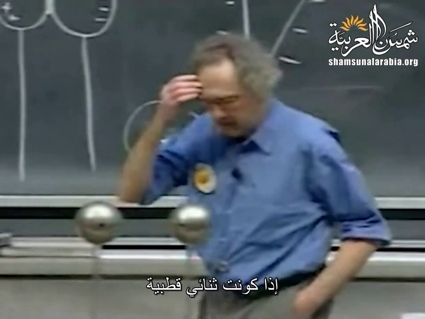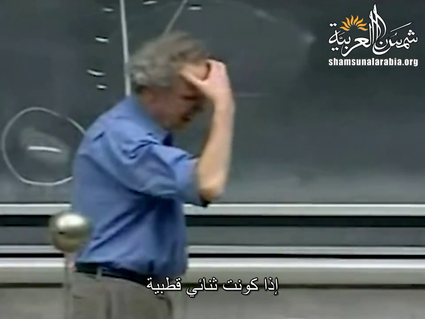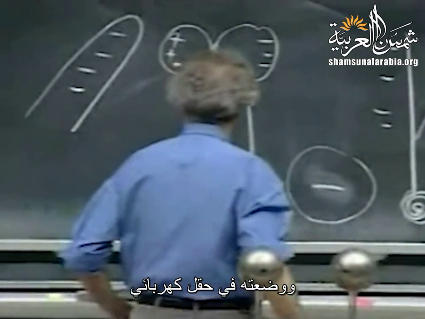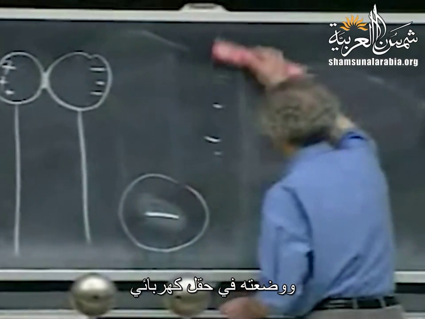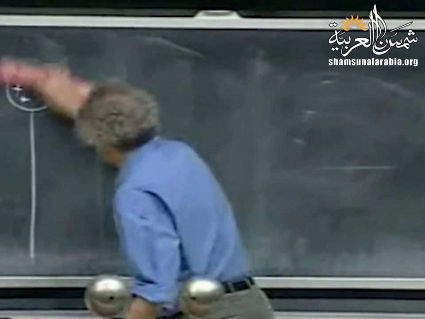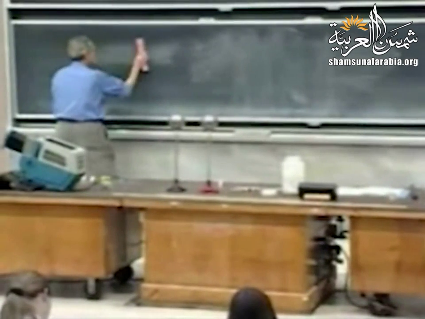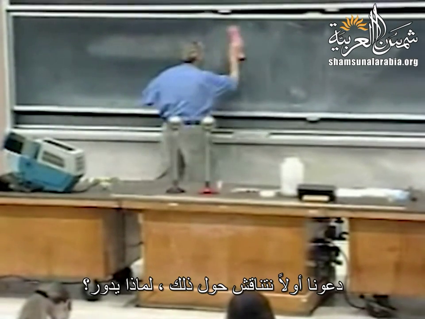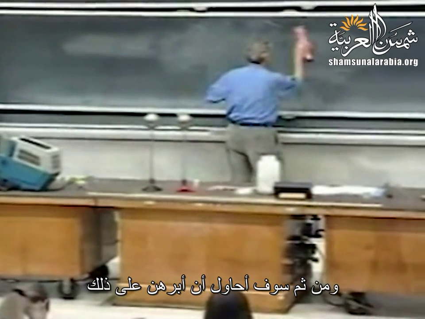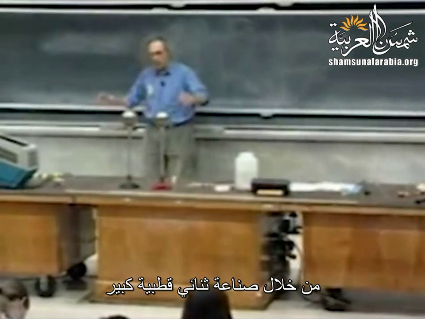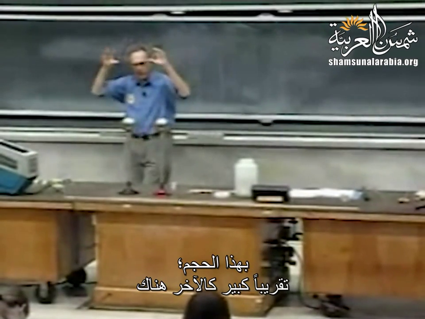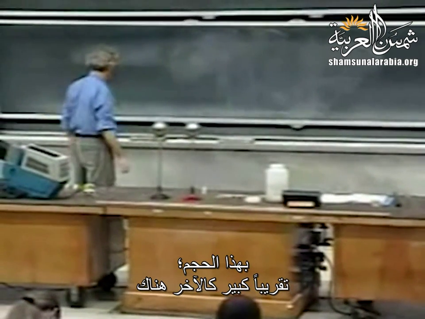If I create a dipole and I put that dipole in an electric field, the dipole will start to rotate. Let's first talk about why it rotates, and then I will try to demonstrate that by making a dipole, a big one, right in front of you, almost as big as the one there.